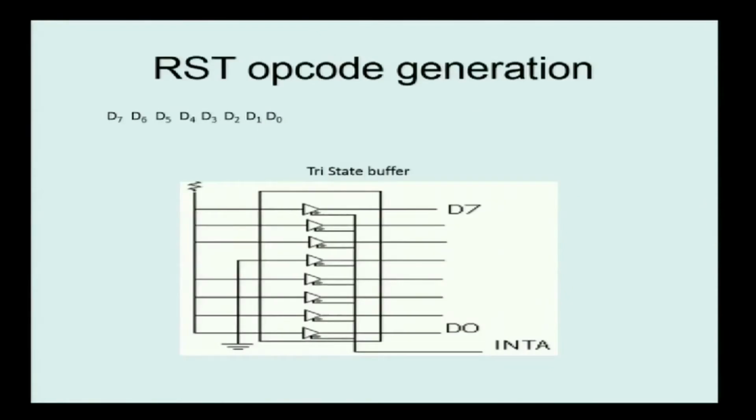This tri-state buffer shows how to generate the opcode for the RST instruction. Here the buffer has 8 input lines and 8 output lines. The input lines are connected to the interrupt lines I0 to I7, and to plus 5 volts. Output lines D0 to D7 are connected to the data lines of the processor. If any one of the input signals is low, then the corresponding interrupt is identified as active.